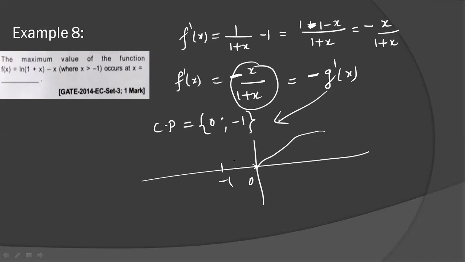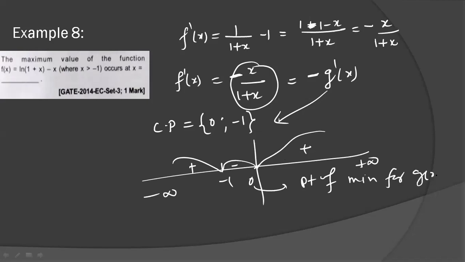So 0 and minus 1. This is plus infinity, this is minus infinity. Plus, minus, plus. So 0 is the point of minima for the g x function. So x equal to 0 is the point of maxima for f x because we have a negative sign relation.